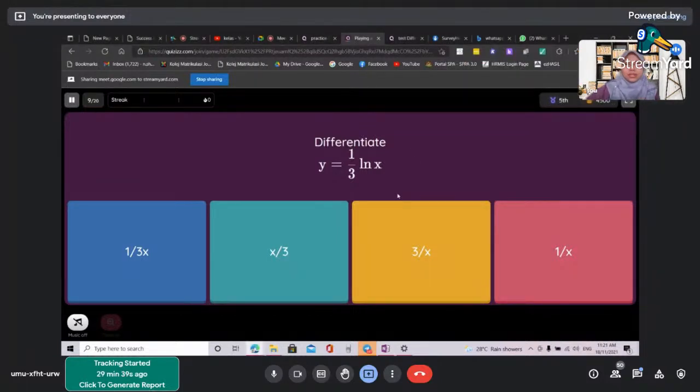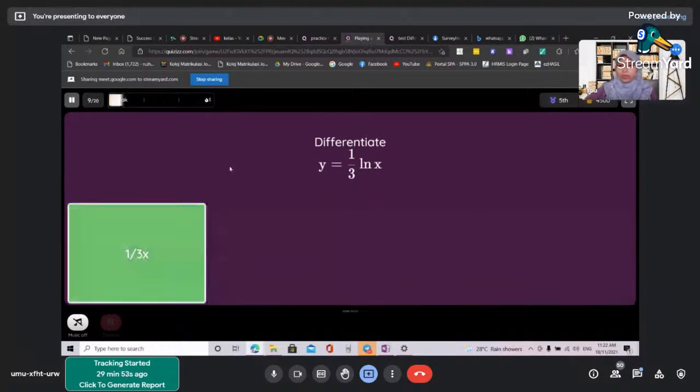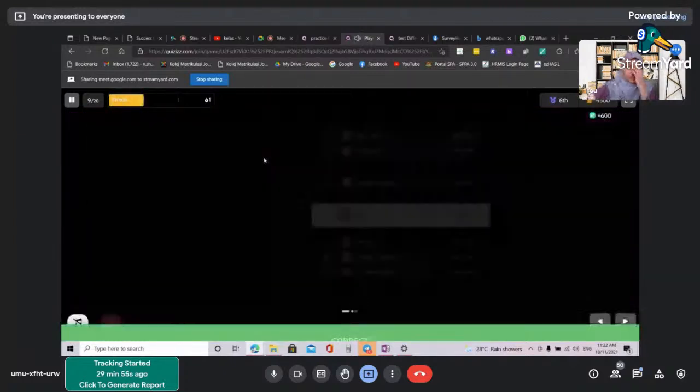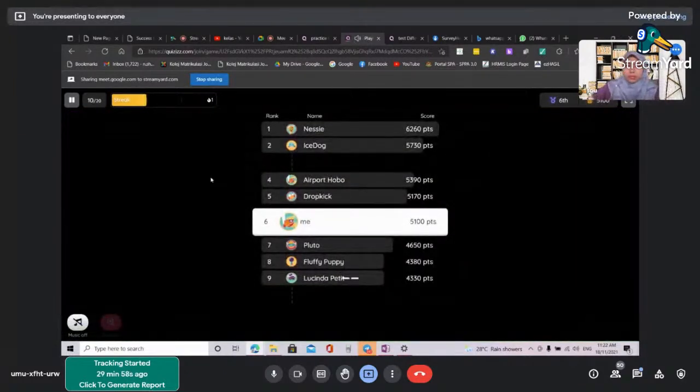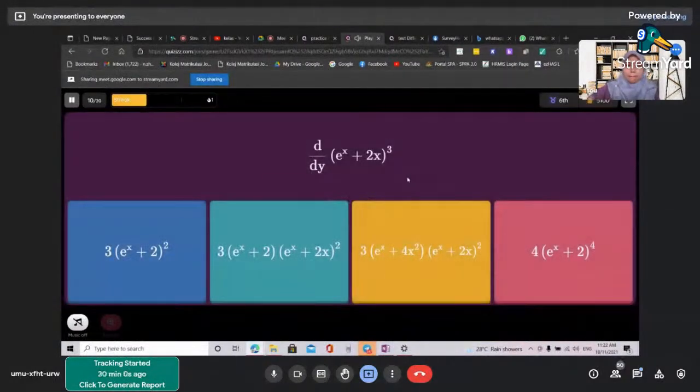Okay, so here you have ln. Differentiate 1/3 ln x. You will get which one? The first one. Okay, the first one. Now, you have e power of x plus 2x, power of 3.